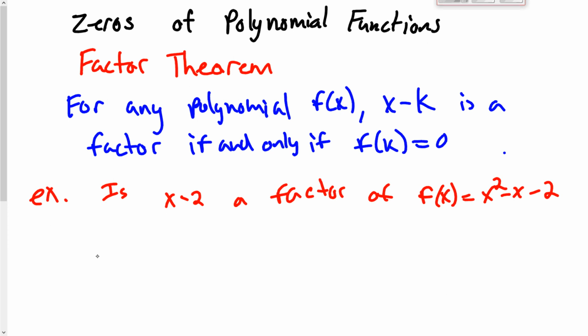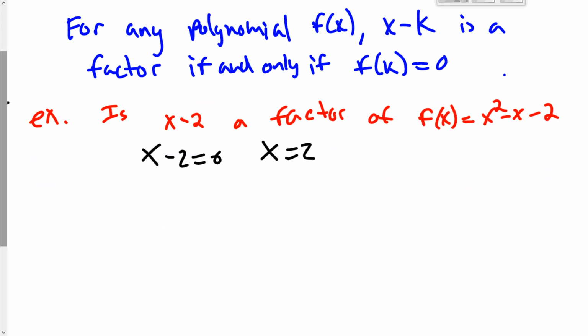Anyway, you find what x is by setting this equal to 0. So x is equal to 2, and then we're going to run through synthetic division. We list our coefficients in order. We start at x squared, so we need the x squared coefficient, our linear term, and then our constant. Nothing is missing here, so we don't need to put a 0 anywhere.